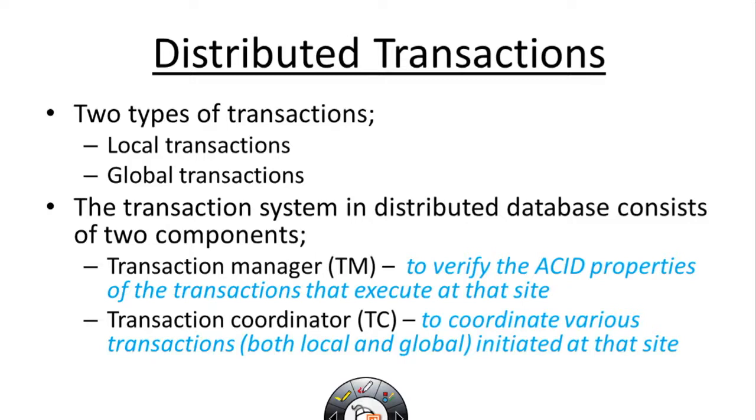That is, if a request comes to site A and the data is not residing in that particular site, but is available with some other site, say site C and D, now the transaction coordinator of site A is responsible for handling this particular transaction request.